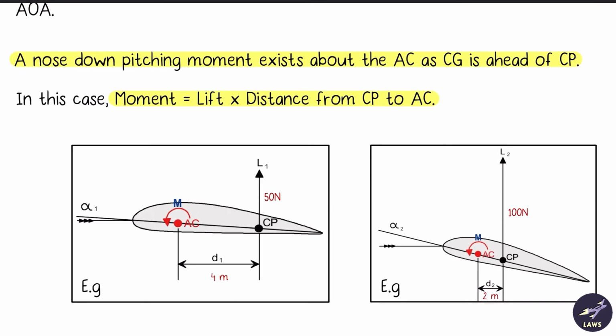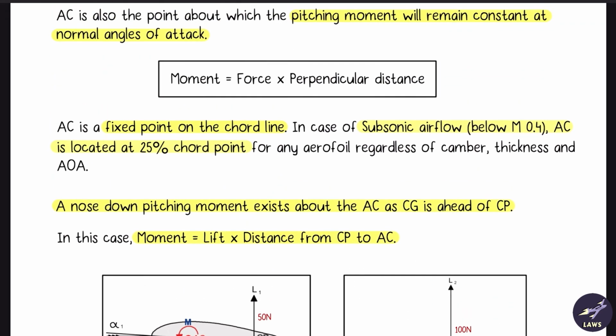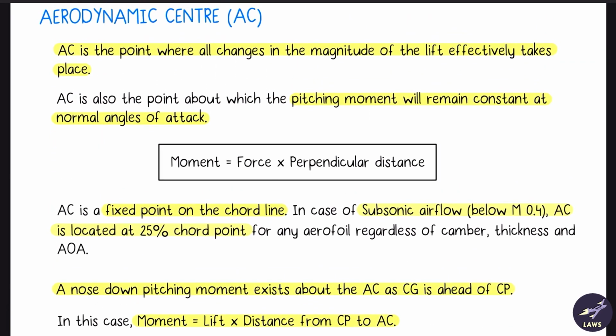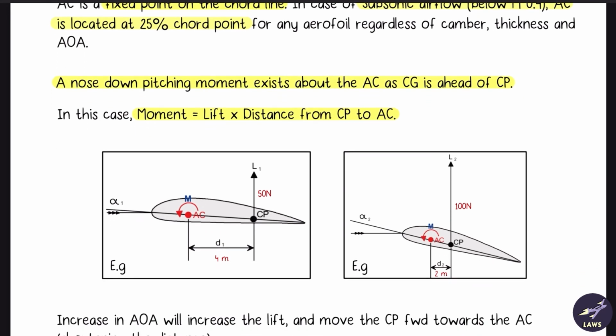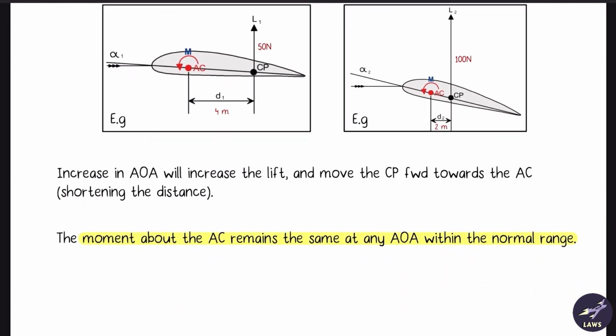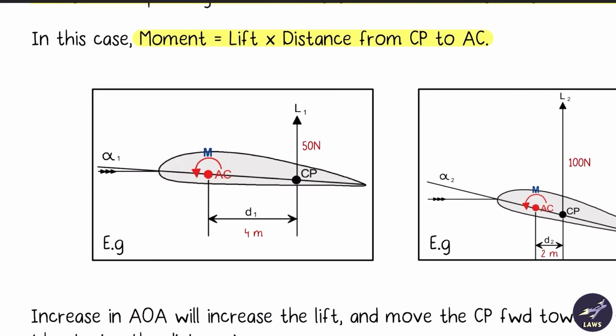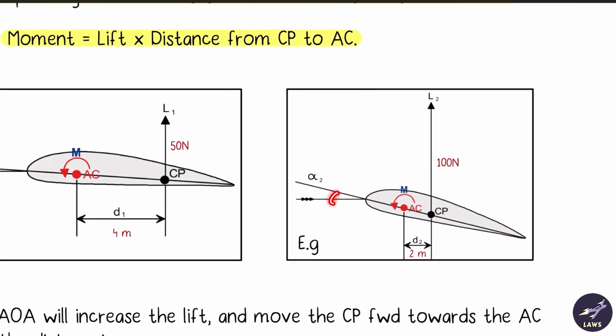So irrespective of anything, the pitching moment will remain constant within the normal angle of attack range. Moment about the AC remains the same at any angle of attack within the normal range. As you can see, the angle of attack was less here, and we got the moment to be 200. Here the angle of attack is comparatively more, but again the answer is the same.